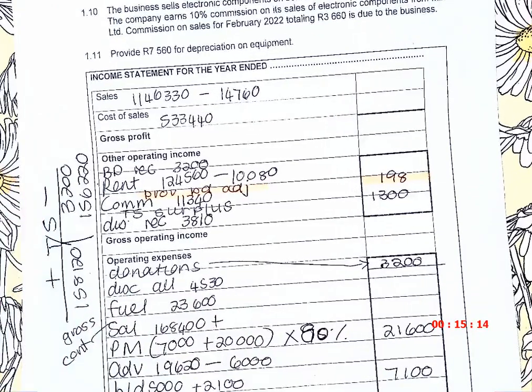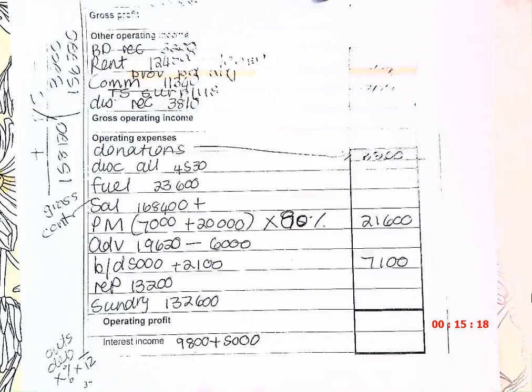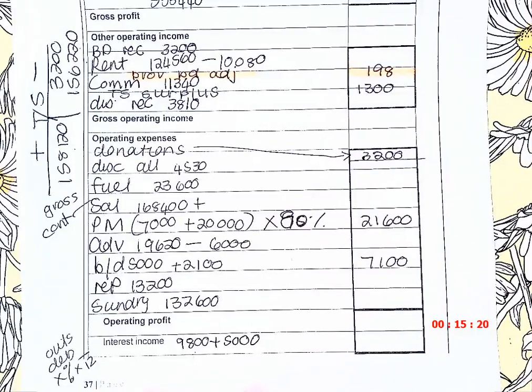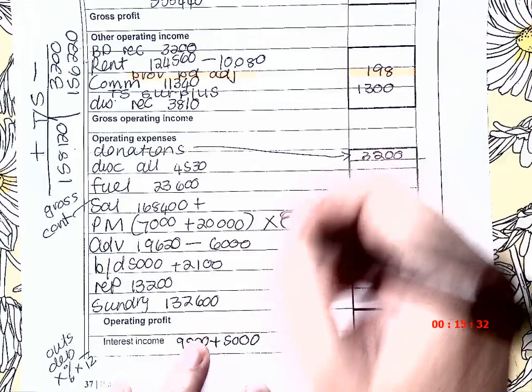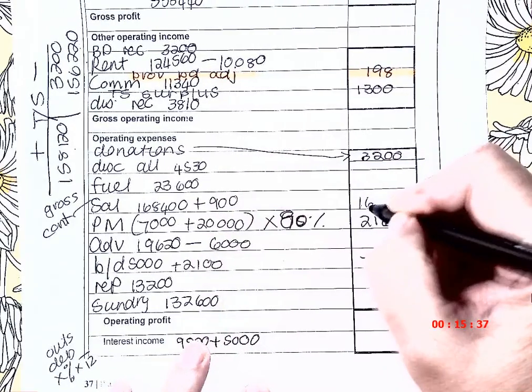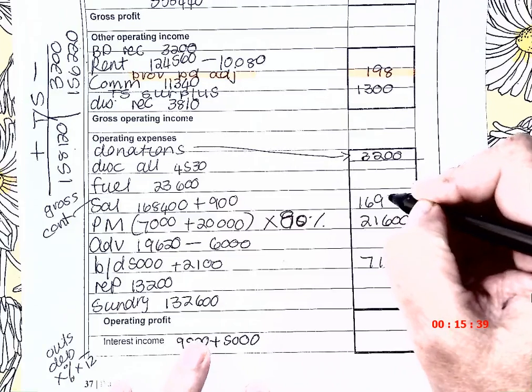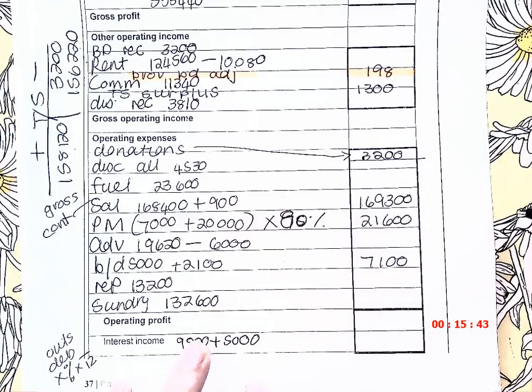Let's quickly look. Contributions, they tell me pension fund deductions is 900. The business contributes rand for rand. So it's plus 900. So this gives me 1693. And let's write that in Sundry. No, why would you write it in Sundry? Oh, I saw Sundry.